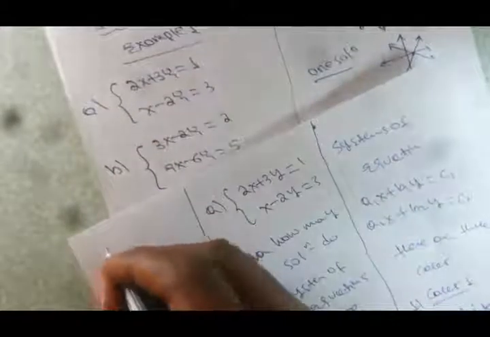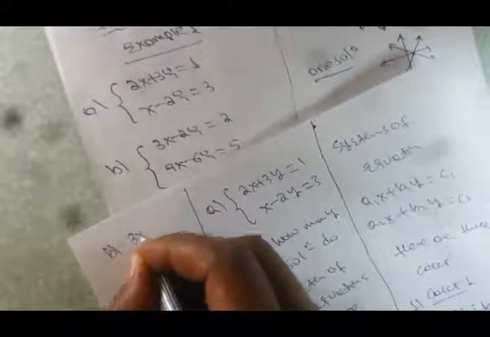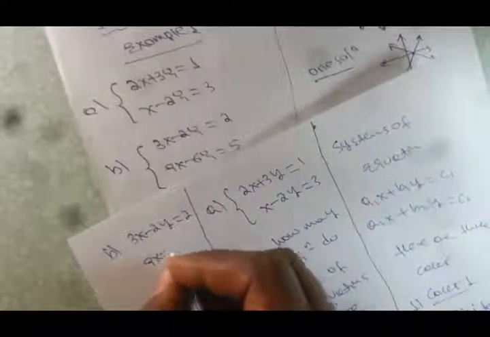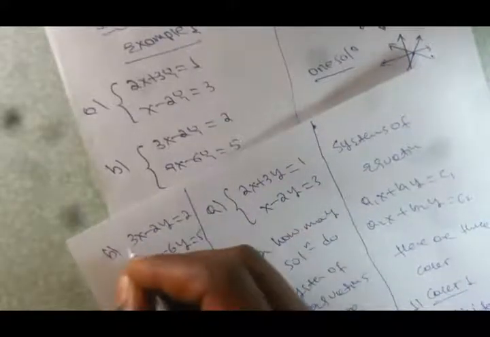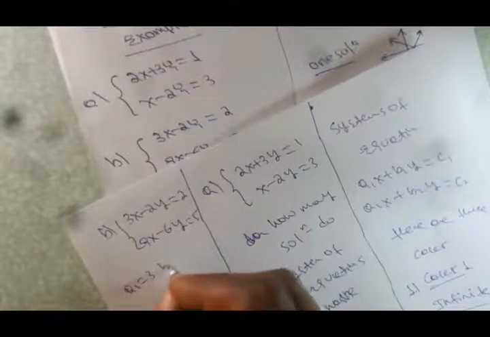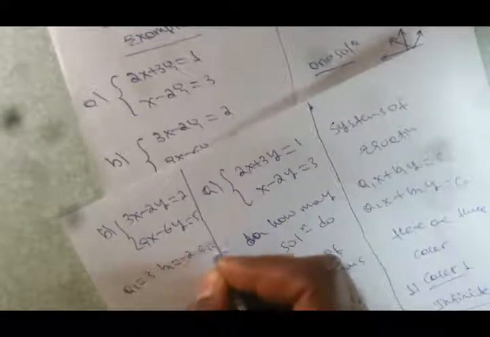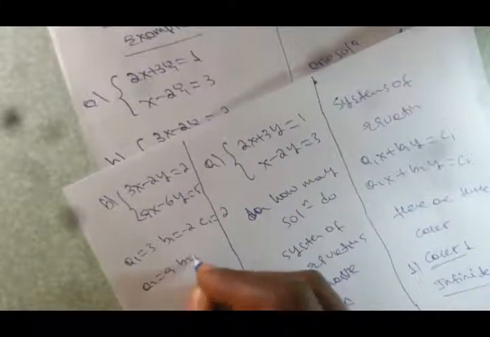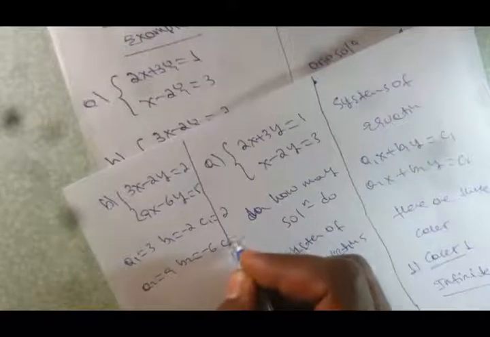Let's solve the second example. The second example is given by 3x minus 2y equals 2, 9x minus 6y equals 5. So the value of a1 is 3, b1 is minus 2, c1 is 2, a2 is 9, b2 is minus 6, and c2 is 5.